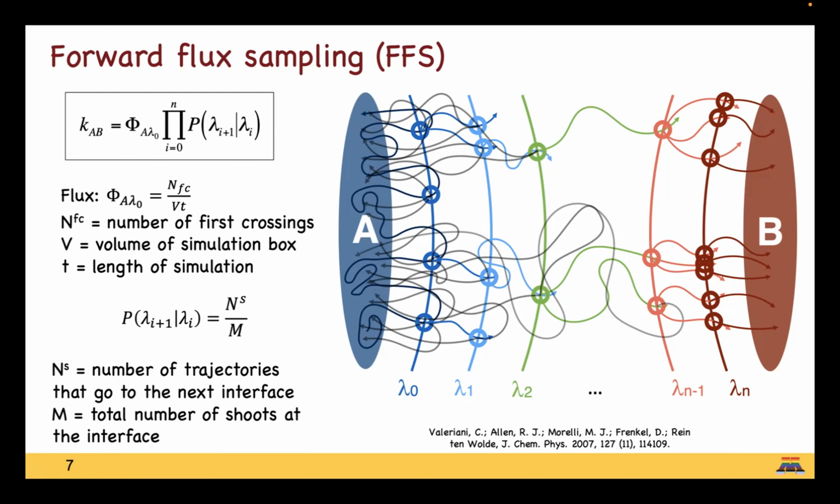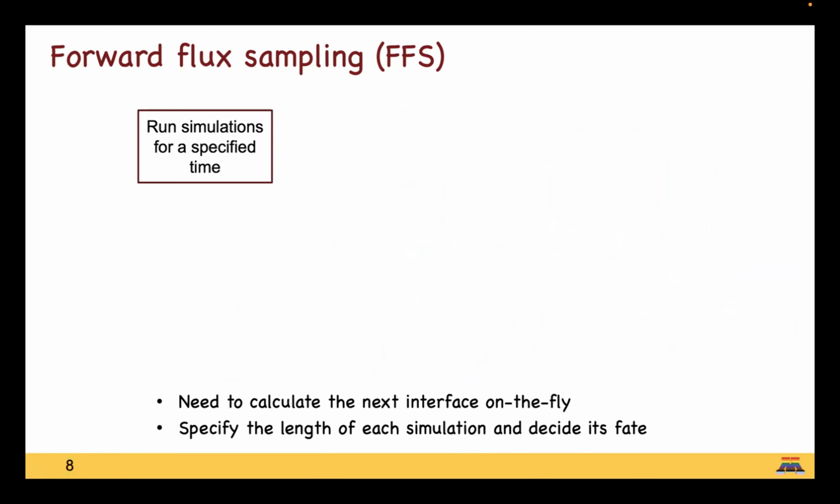All right, so there are many different ways that you can implement this. I'll just give you an idea of how we implement it. When I just started working on this method as a postdoc, I was really trying to automate it, because I didn't want to go in and decide the next interface and terminate my trajectories by hand.